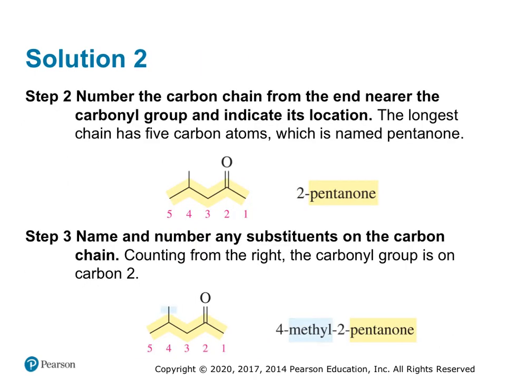So the carbons get numbered so that the carbonyl group gets the smallest number. So I number them 1, 2, 3, 4, 5. Carbonyl group being at carbon number 2, so that's 2-pentanone. And then the methyl group is at carbon number 4, so 4-methyl-2-pentanone. That would be the IUPAC name.